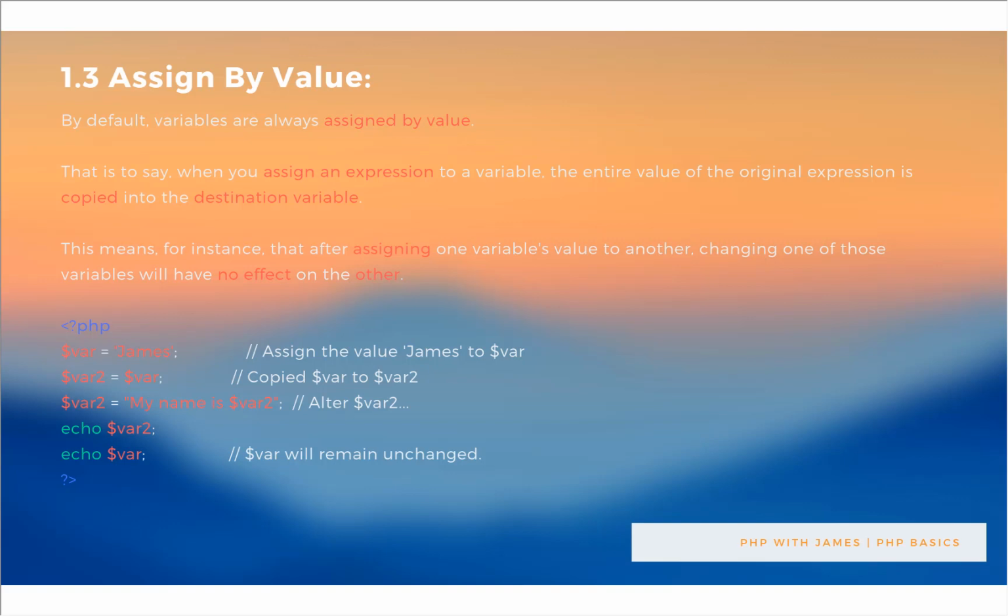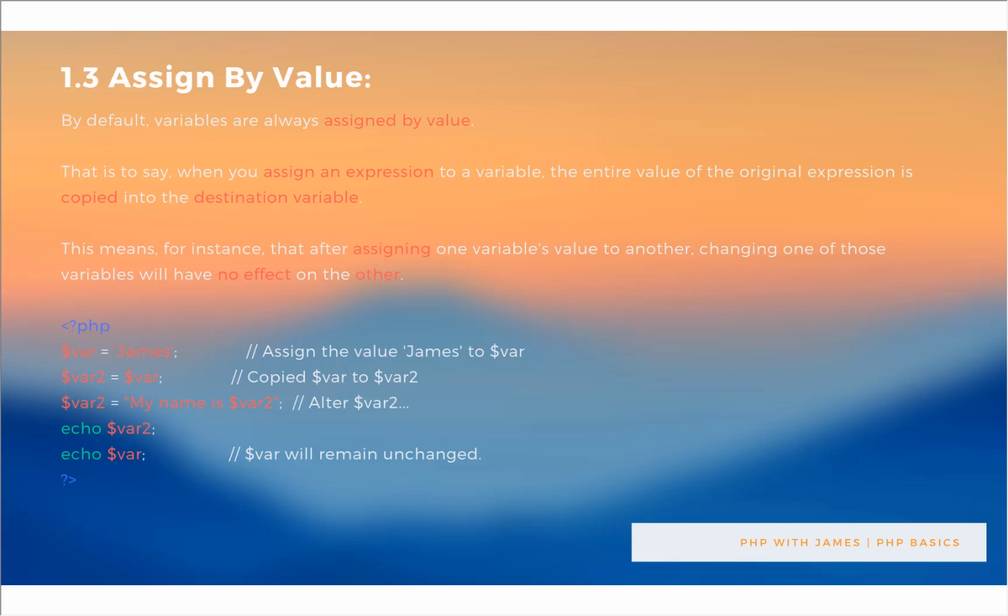We use the equal sign to assign a variable a value through some expression. An expression in PHP is anything that can be a calculation, a string, or a boolean, that can be evaluated into a final value.